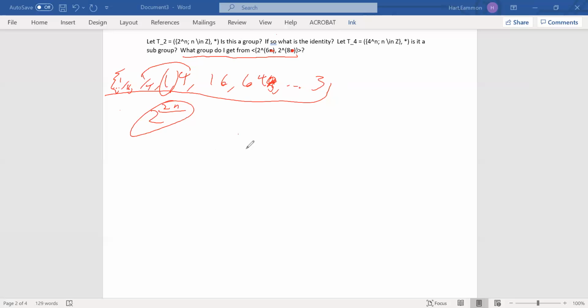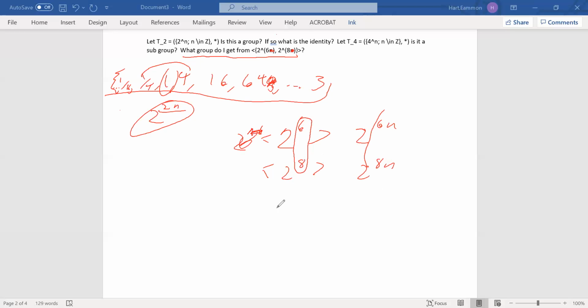So 2 to the 6 as a generator would give me anything that looks like 2 to the 6n, and 2 to the 8 would give me anything that looks like 2 to the 8n. But if I can manipulate these two guys, I'm basically going to get the greatest common factor of these two, not the least common multiple.